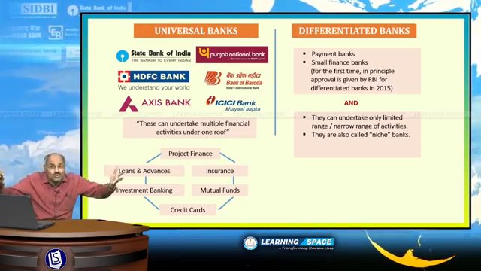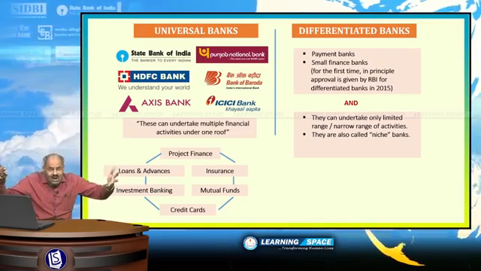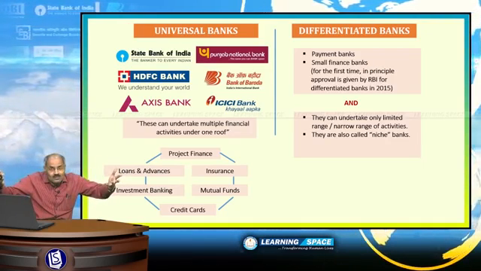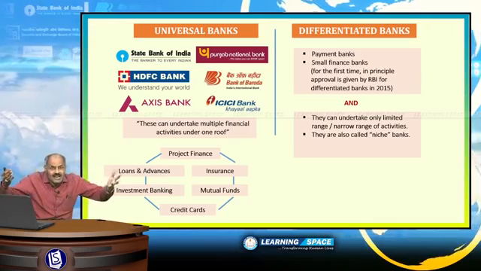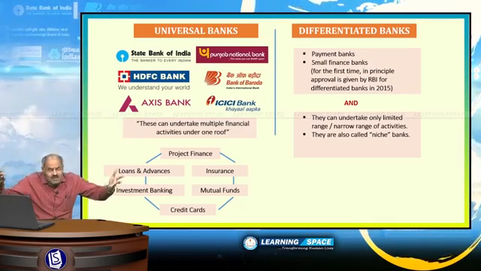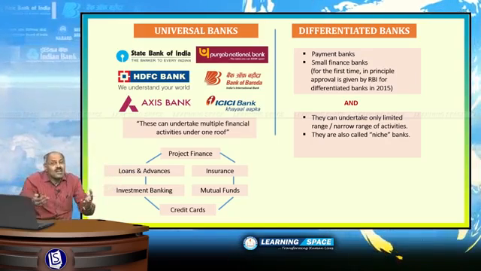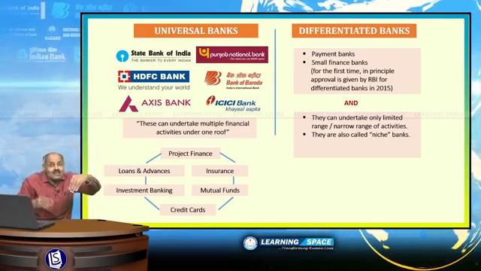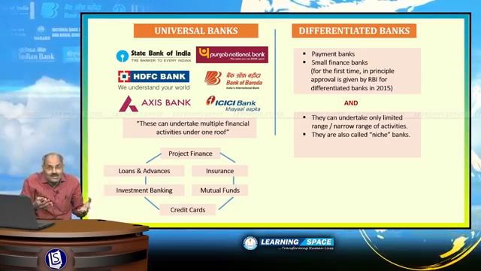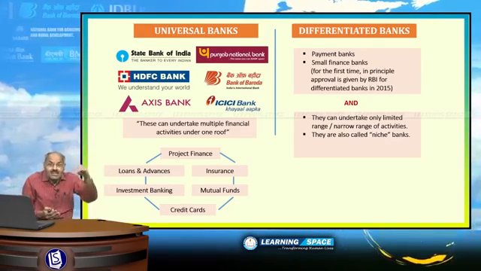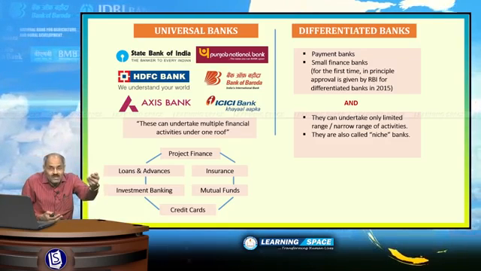They can be into mutual funds. They can issue credit cards. They can grant loans to consumers. They can be into retail credit. They can be into investment banking. What not? So nowadays banks are doing everything, that is universal banks. They can undertake any type of operation.